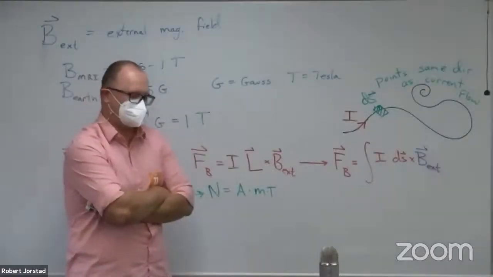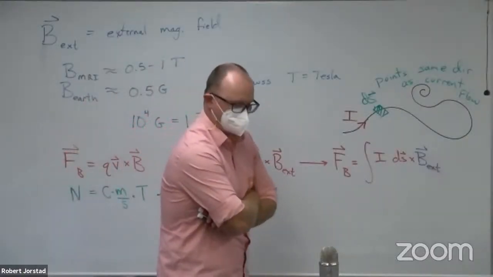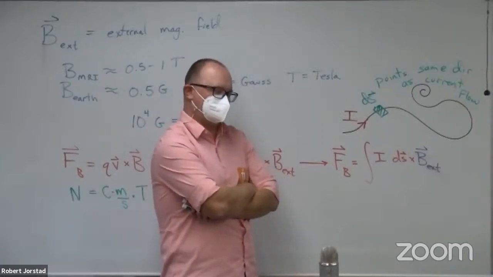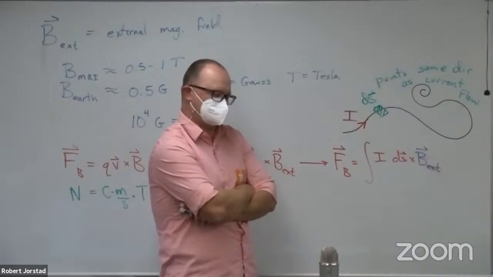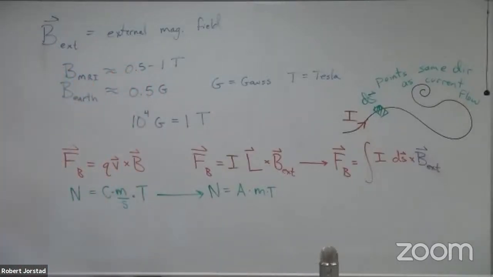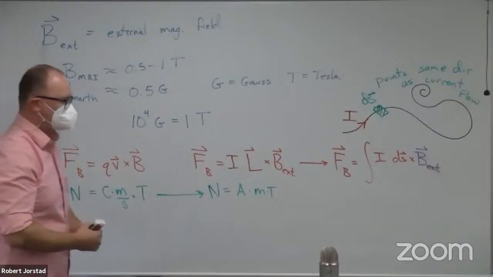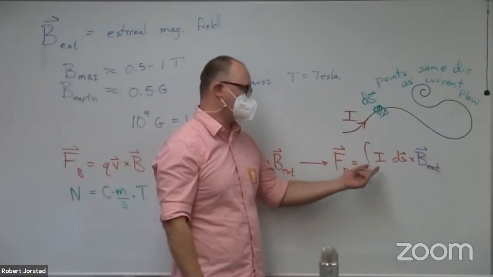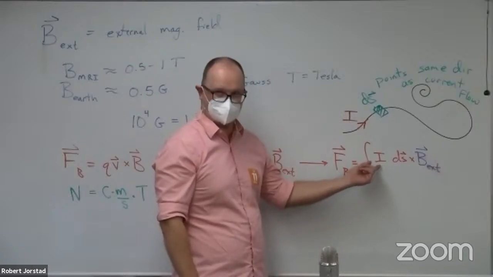Is it radar? Nope. Although that probably has all kinds of stuff in it that I don't know about as well. Would it help if I told you you're going to build one of these in lab this Thursday? Motors. Motors are hugely important in the real world, as you know. So what happens with a motor is you connect some wires to a battery or some power source, and you get current flow.